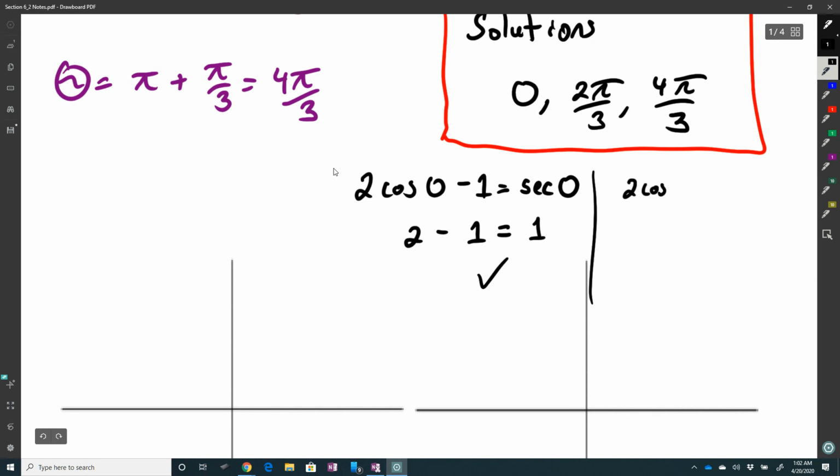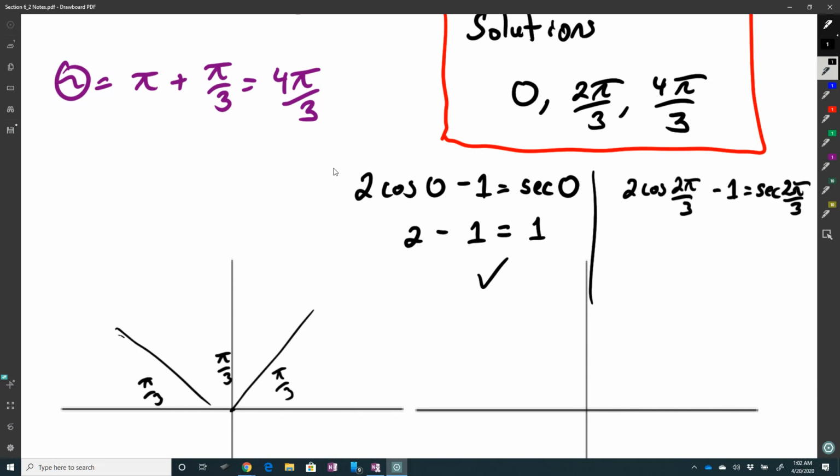2 cosine of 2 pi over 3 minus 1 equals secant of 2 pi over 3. And so cosine of 2 pi over 3, I'm using this just to help me out. I'm going to erase it in a bit. Here's pi over 3, so 2 pi over 3, pi over 3, pi over 3.